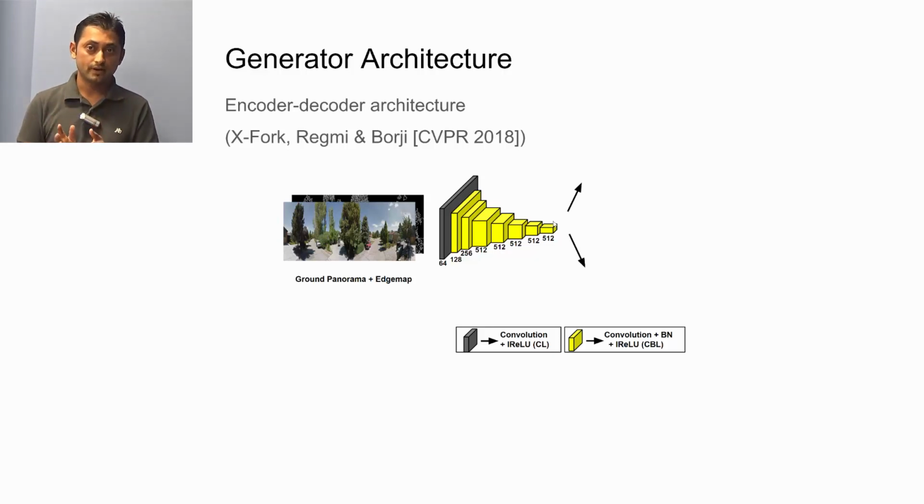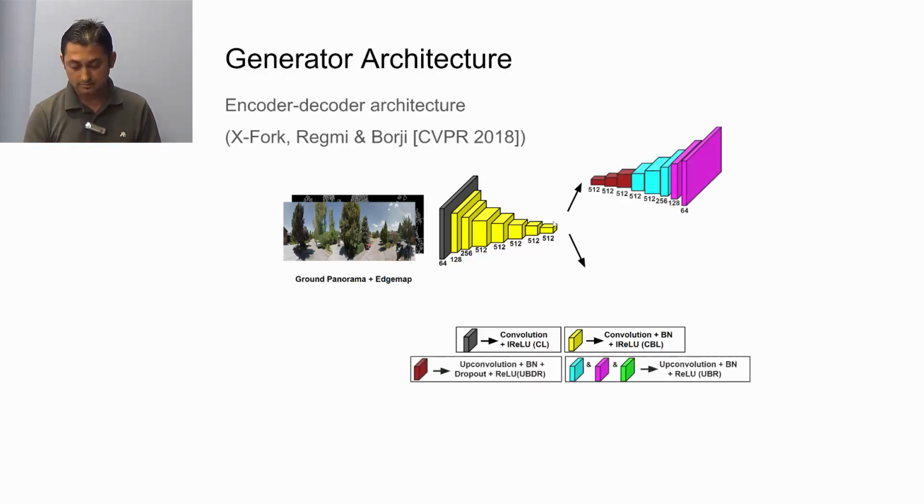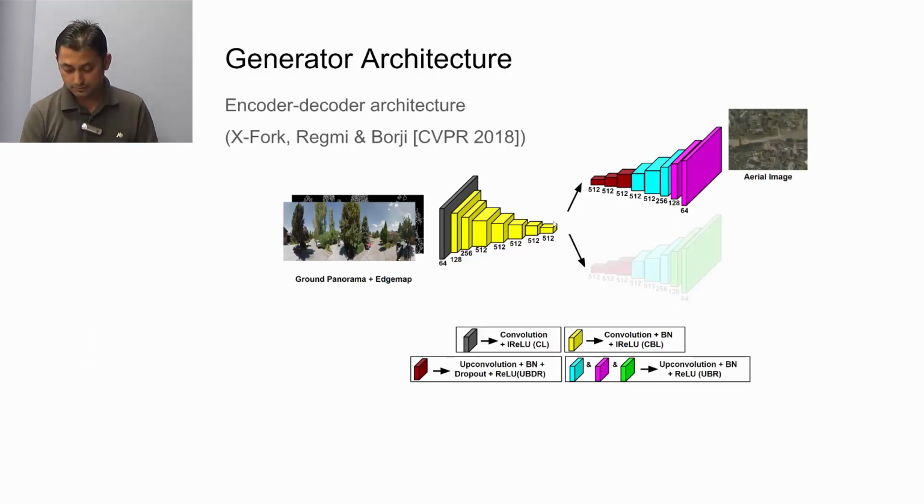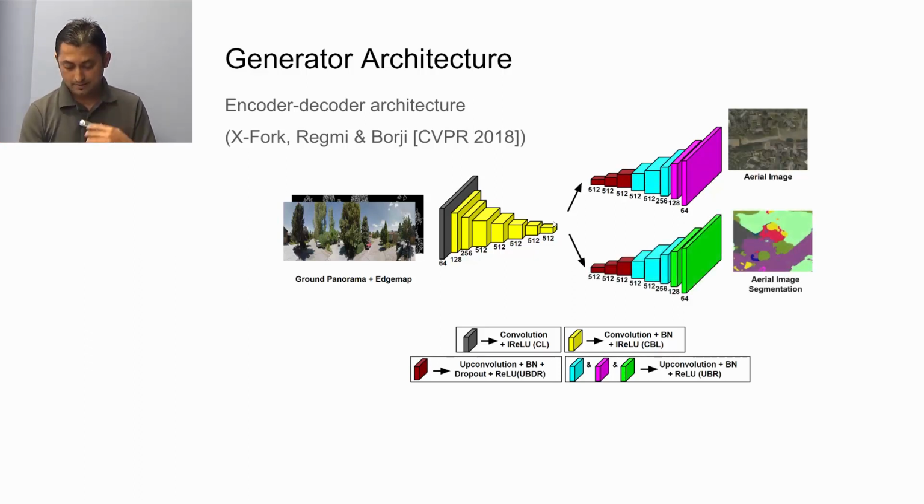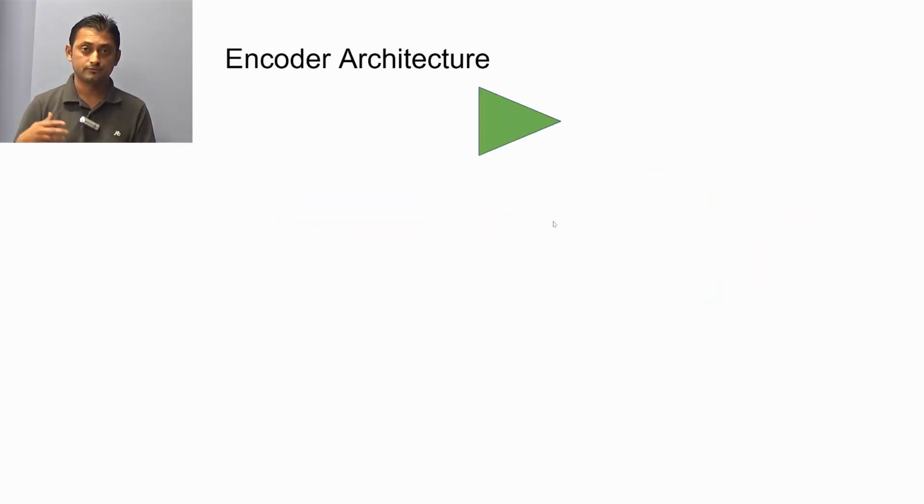Because this is a fork type architecture, the upper branch has a decoder that learns to generate the aerial image, and the lower branch learns to synthesize the aerial segmentation map. Also, we share the weights for the first 6 layers of the decoder branches because both of them are learning to find the representation for the aerial domain images.